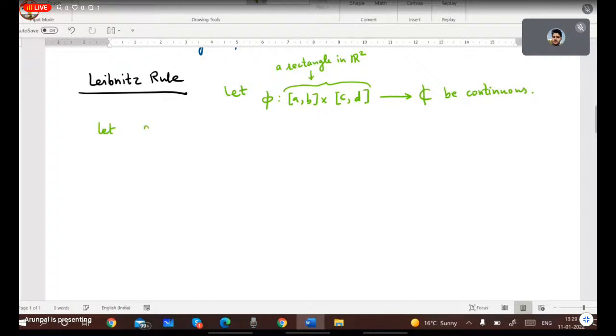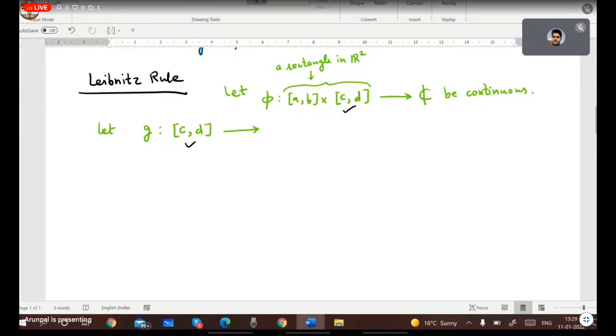Let g be a function defined on the closed interval [c,d]. Take a note, this [c,d] is the same as this [c,d], because whenever we use the same notation in one particular discussion, we have no reason to make any distinction between them. They will always carry the same meaning.